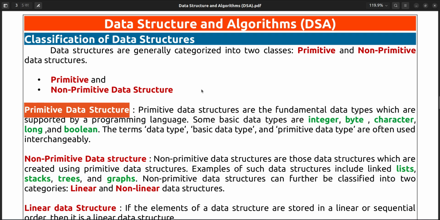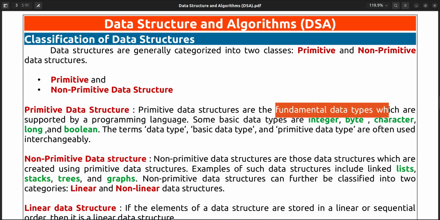So primitive data structures are the fundamental data types which are supported by the programming language. Some programming languages have different primitive data types, and their syntax is also different.